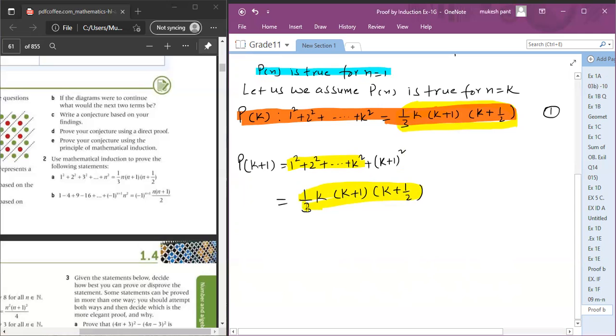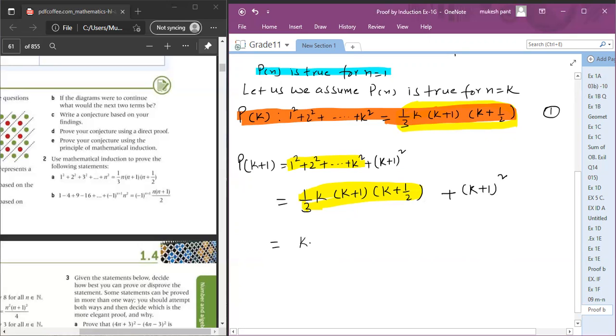Is it okay? Now what was the last term? (k plus 1), its whole square, I'm writing. Is this clear, guys, everybody? Yes, sir. Now I will simplify this one. Can you tell me what is common in both? k plus 1 is common. Here it is k plus 1, and here it is k plus 1 whole square.